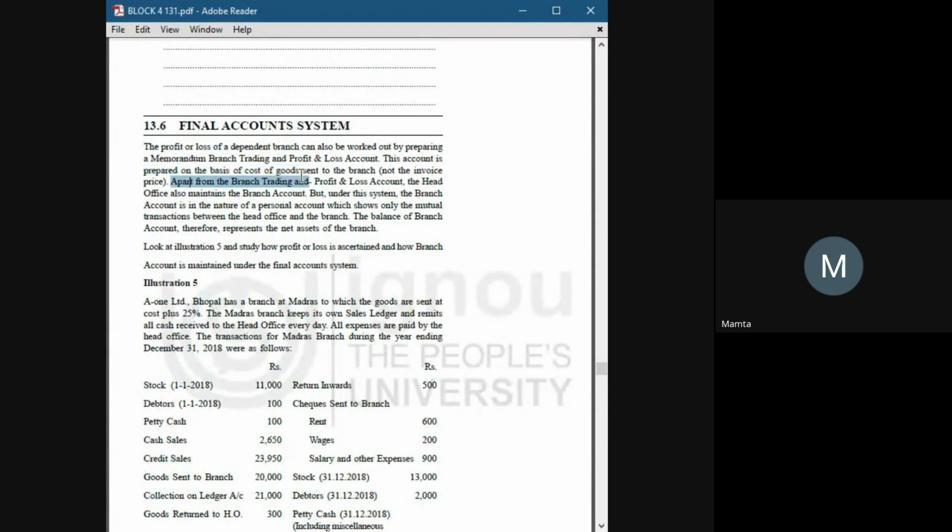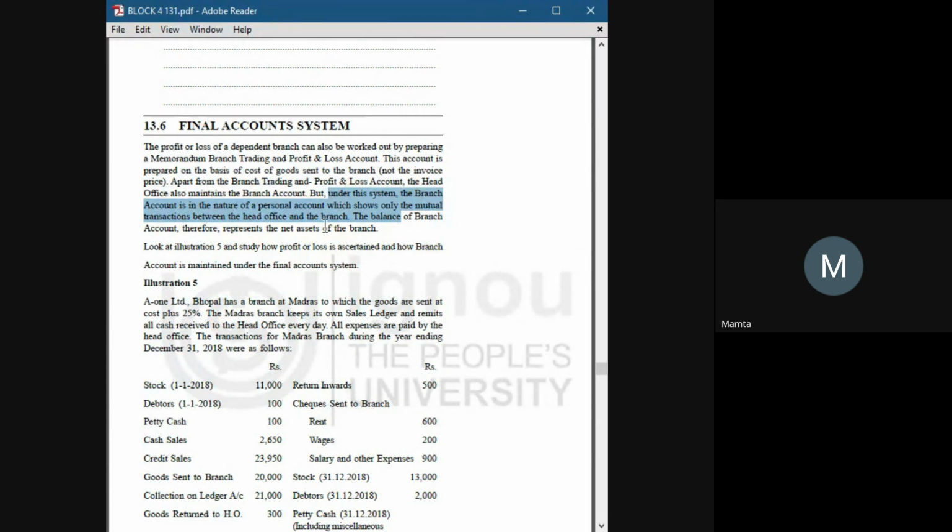Apart from the branch trading and profit and loss account, the head office also maintains the branch account. In the final accounts, the head office creates two to three accounts: the branch trading account, the profit and loss account, and the branch account as well. But under this system, the branch account is in the nature of a personal account, because the branch becomes an artificial person for the head office.